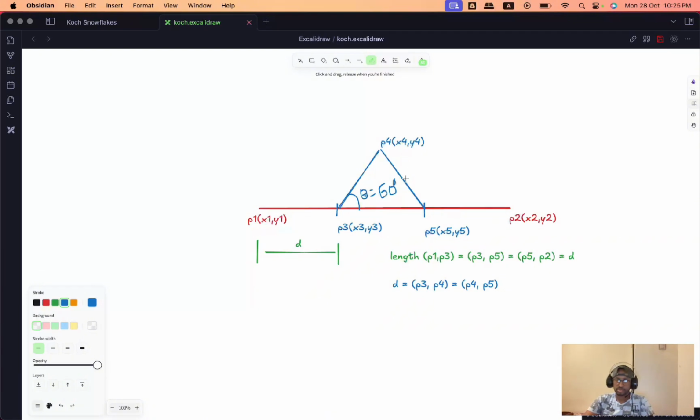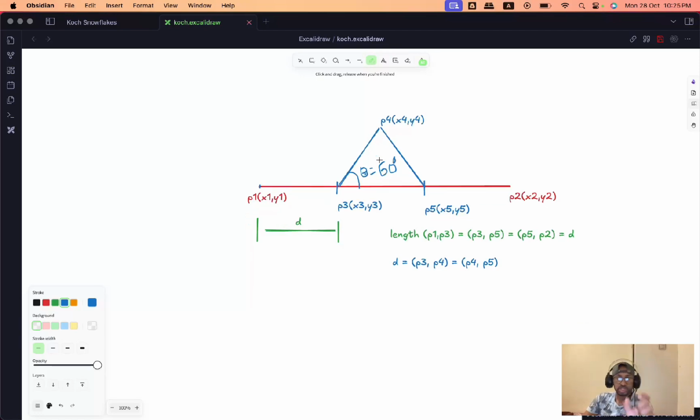So this is basically the construction. When we render it, we render the segment from P1 to P3, from P3 to P4, from P4 to P5, and then the segment from P5 to P2. We will not be rendering the segment from P3 to P5. So that's basically the construction. It is very, very easy. Then this will create the Koch fractal.